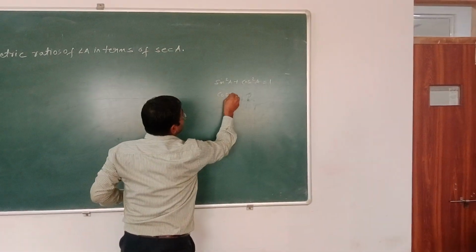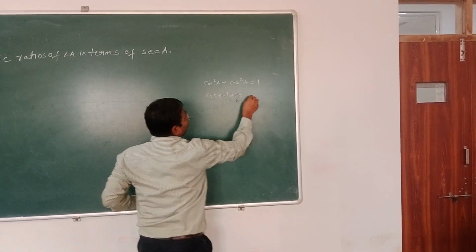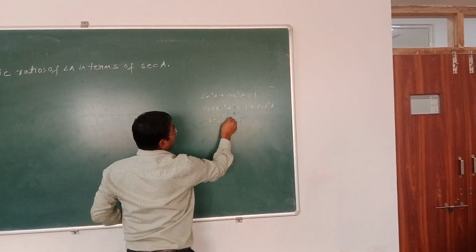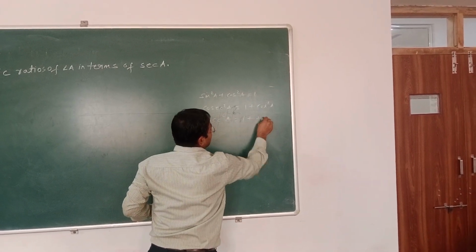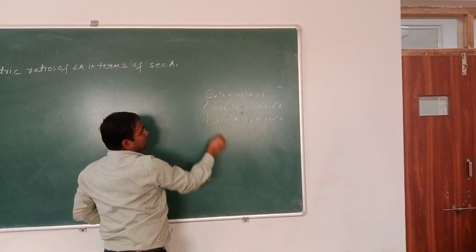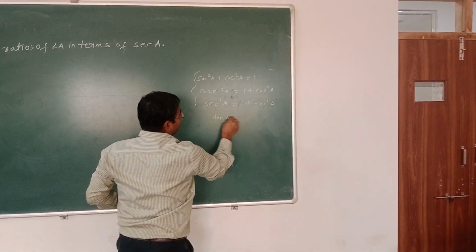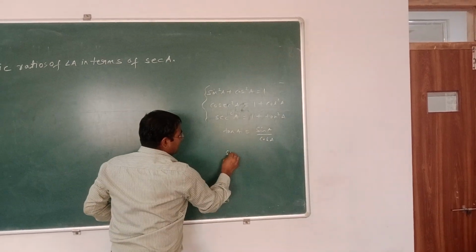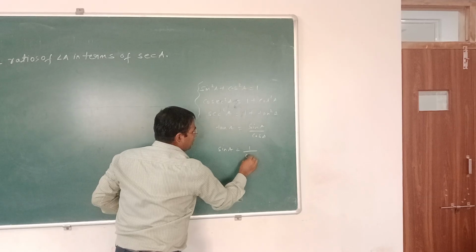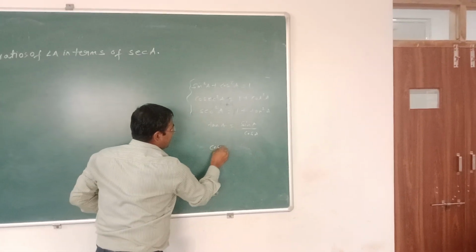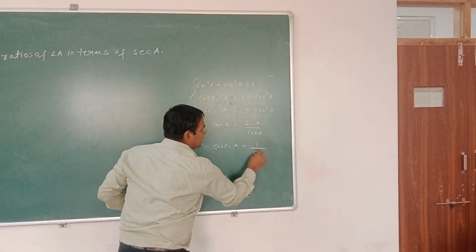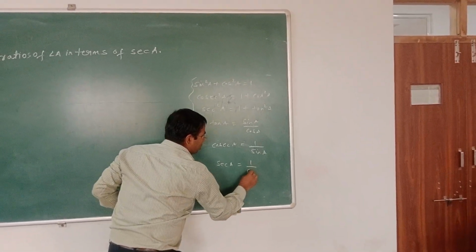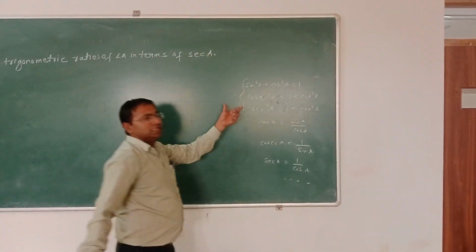Next is cosec square A is equal to 1 plus cot square A. Third one is sec square A is equal to 1 plus tan square A. These things you will use, and tan A is equal to sin A upon cos A, and cosec A is equal to 1 upon sin A. Sec A is equal to 1 upon cos A. These identities you will use.